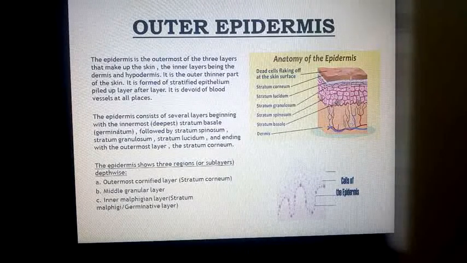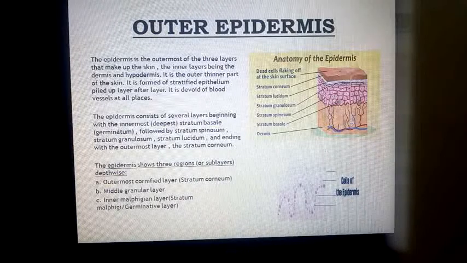Got it? It is made up of 3 regions, namely the outermost cornified layer, that is called stratum corneum, and the middle granular layer, that is called stratum granulosum, and the inner malphigian layer, that is called stratum malphigii or germinative layer.